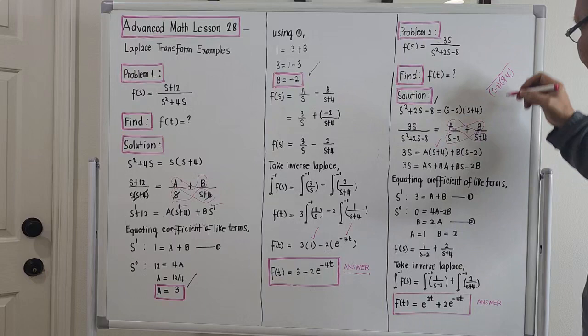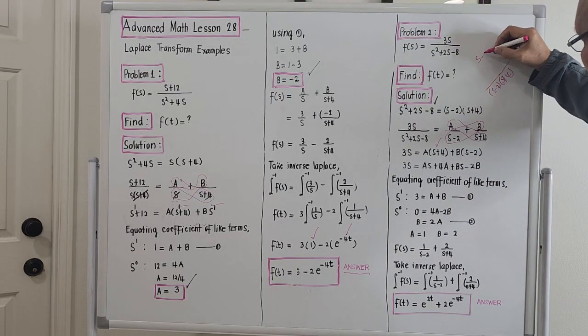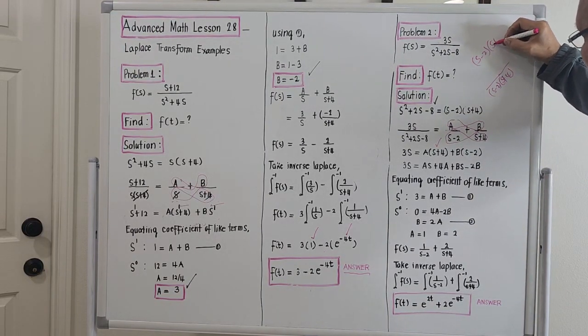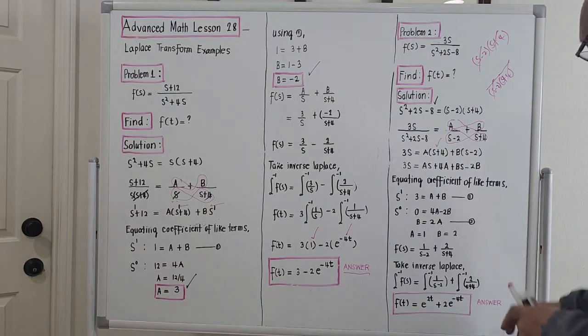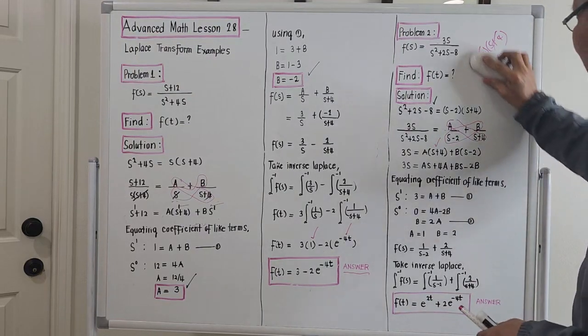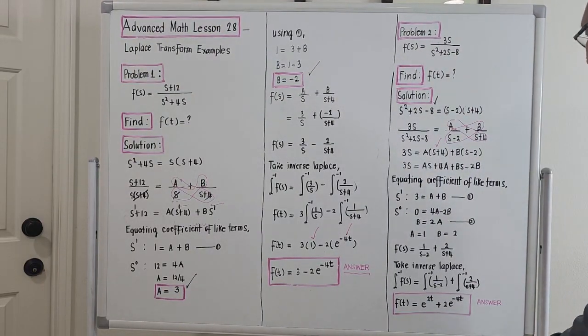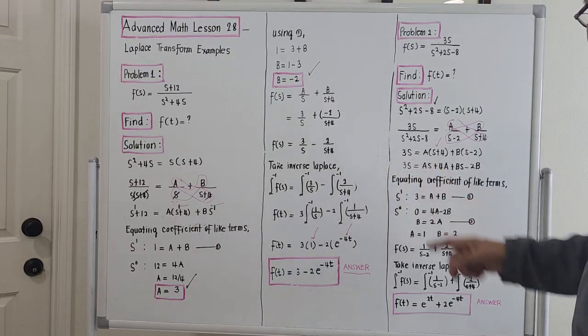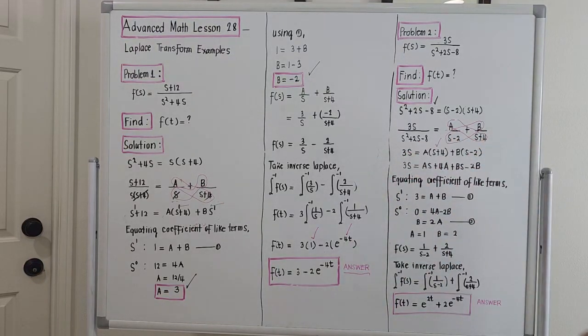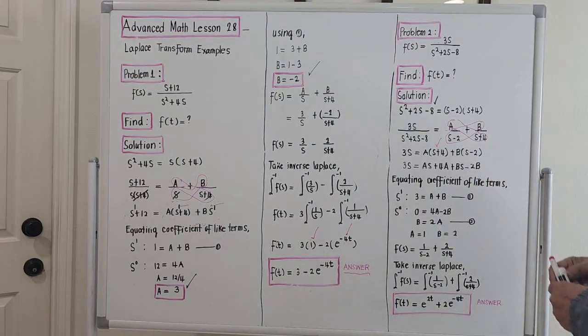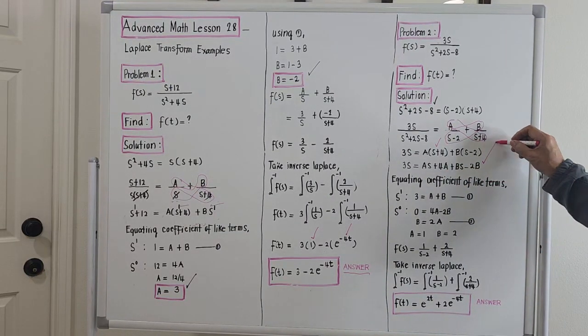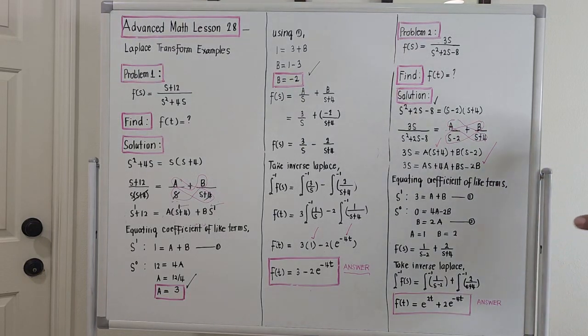For the left-hand side, the denominator is again (s minus 2) times (s plus 4). So this cancels, the denominator is gone. So what will come out is simply 3s equal to, we expand a little bit, As plus 4A plus Bs minus 2B. This is now the required equation, from which we will bring out the two linear equations to solve for the unknown constants A and B.